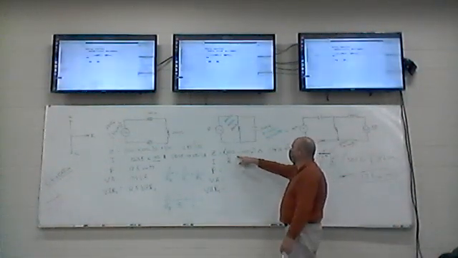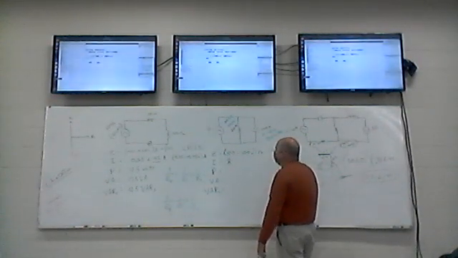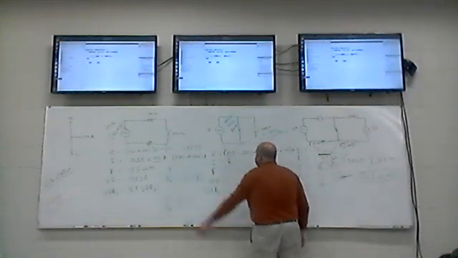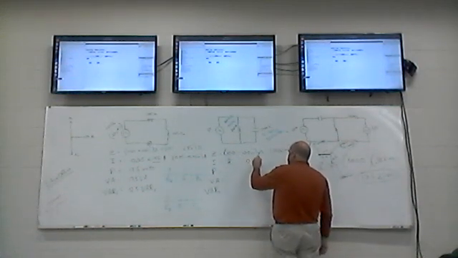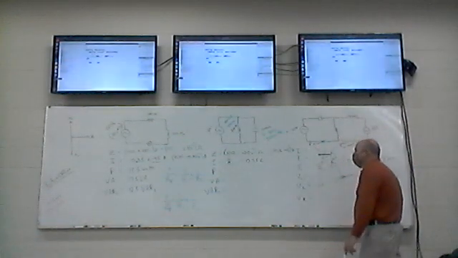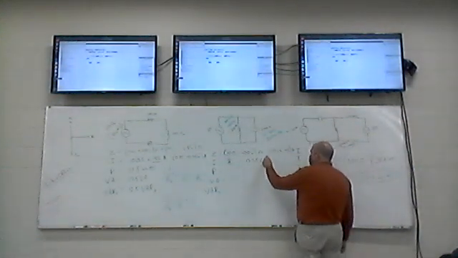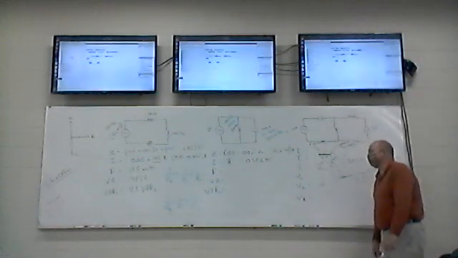So 50 angle 0 divided by this angle minus 45 is going to be what? So we should get 0.35 at an angle of what? Positive 45. Yay. What's my power in this case?